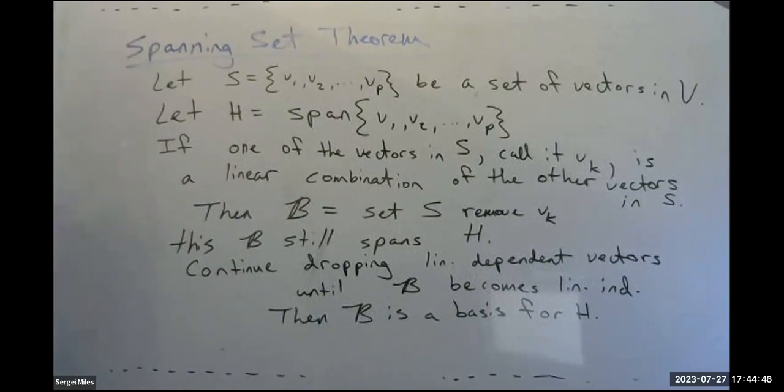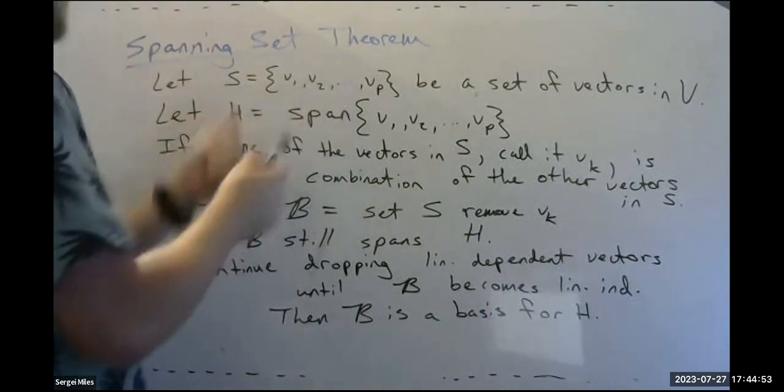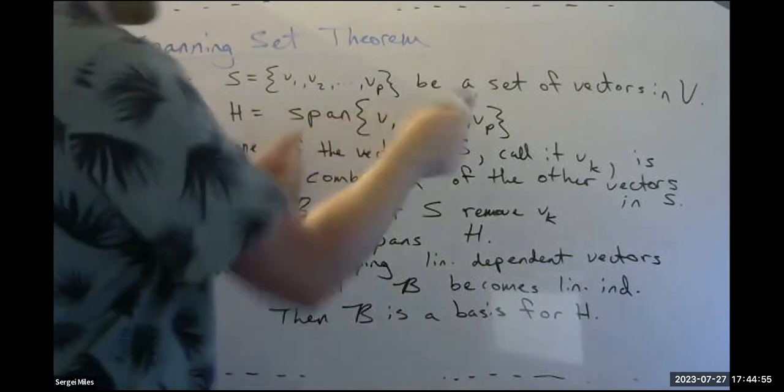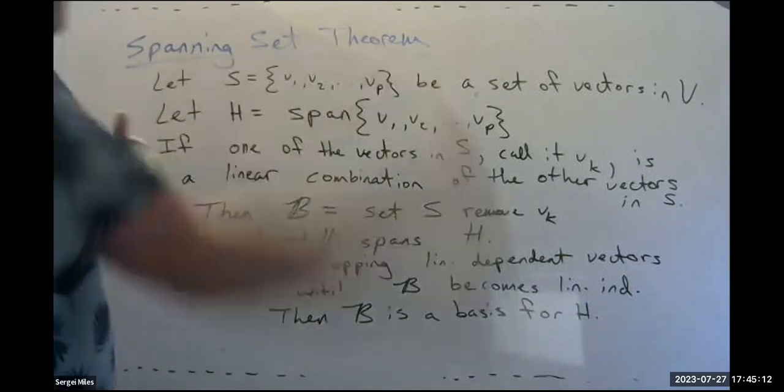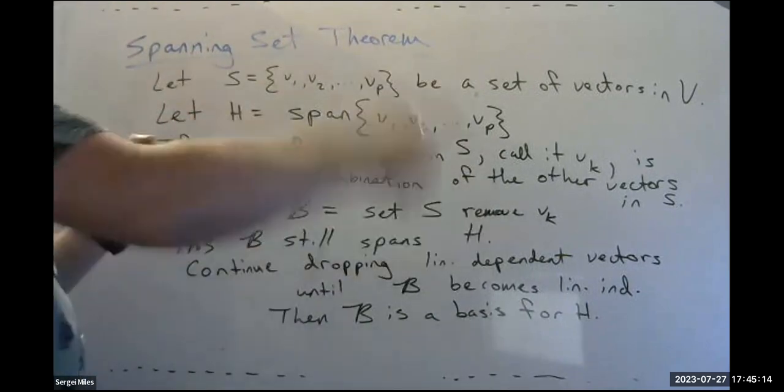For any of you computer science folks, if you imagine this as a recursive algorithm, you start with a set S of P vectors, and you have that H is the span of those vectors. Okay, so you go through your vectors, you check, are any of them linearly dependent? If they are, you drop the dependent vector, and then you check again. Are the vectors linearly independent? If you find which is dependent, you cut that one out.